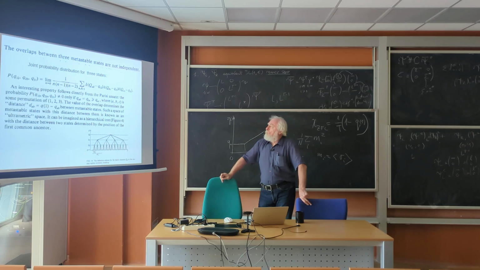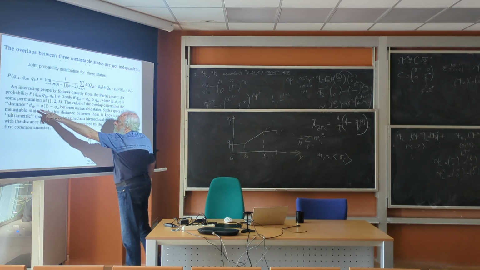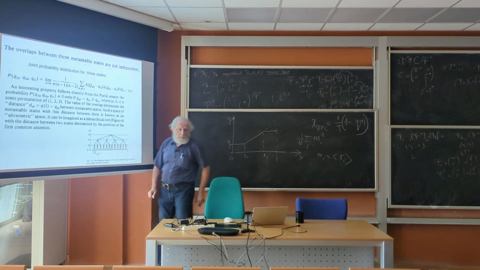Using this Parisi ansatz with continuous solution for Q of x, we can show that three numbers, you see, when you have three states, there are three distances. It is like a triangle. The distances are defined like this. Distance between A and B is self-overlap minus overlap.